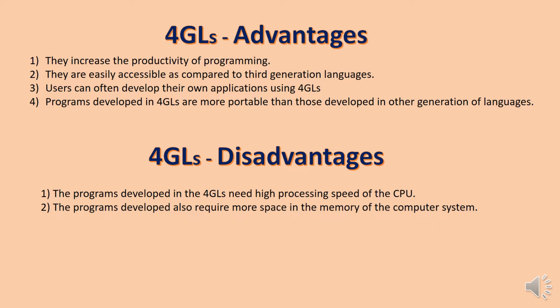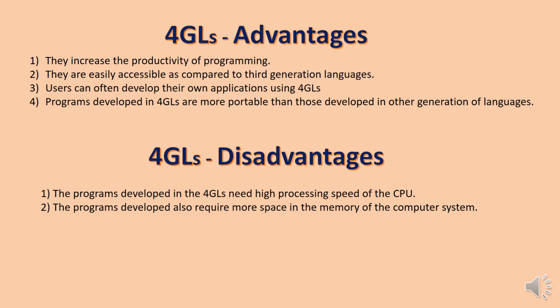System development in fourth generation language is faster also. Program maintenance is easier than third generation languages. Programs developed in fourth generation languages are much more portable than those developed in other generations of languages.